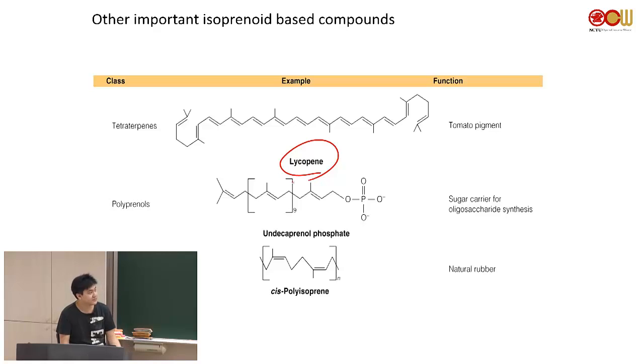It looks nasty, right? And you also have these things called the polyprenols, okay? And polyprenols are essentially, sometimes they're used, for example, here it says sugar carriers, or for example, polyisoprene is used as natural rubber, okay, like trees, right?